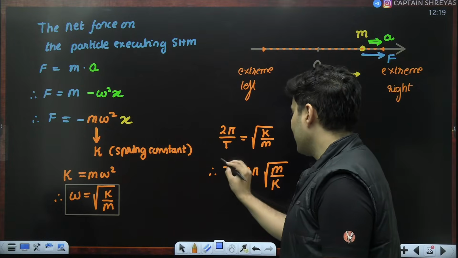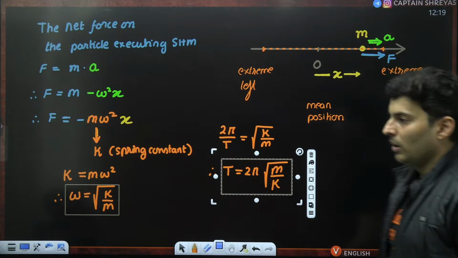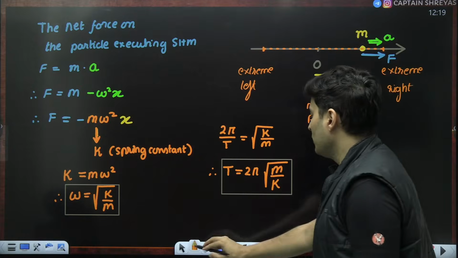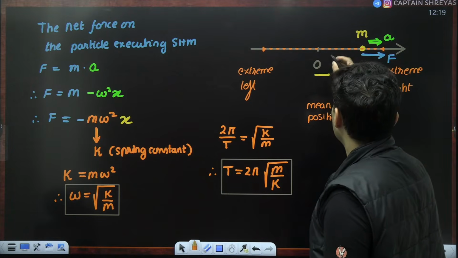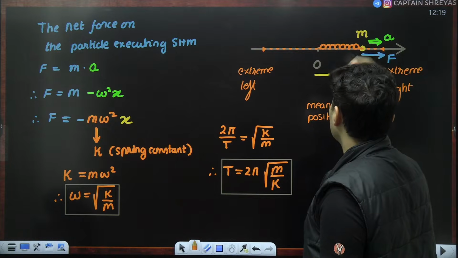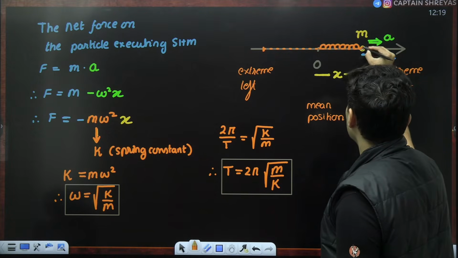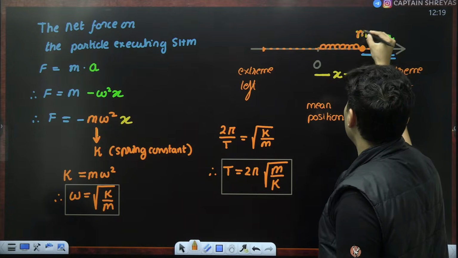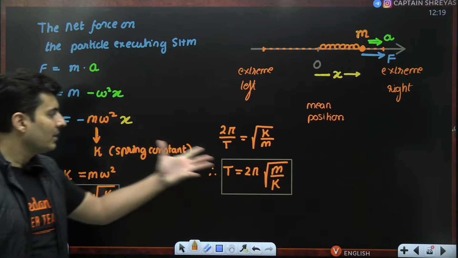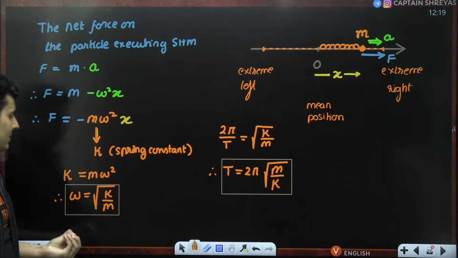So this is the time period of oscillation of a simple harmonic motion like a spring. Imagine there is a spring over here which is attached to this particular mass. Then it will behave like a spring force, like kx.